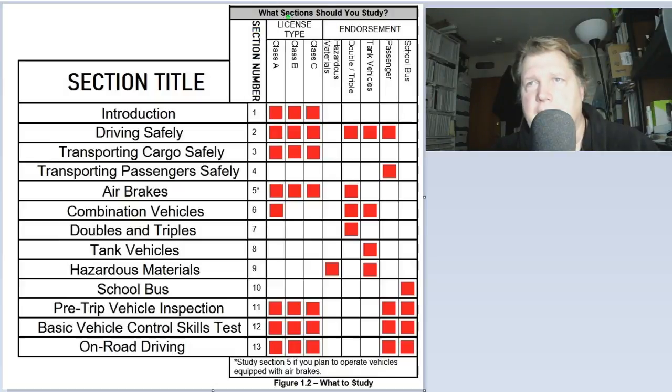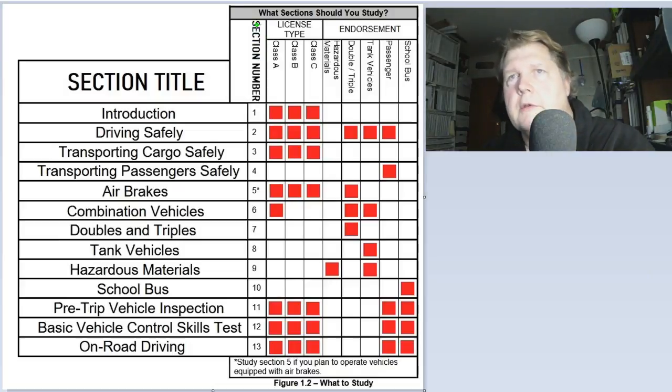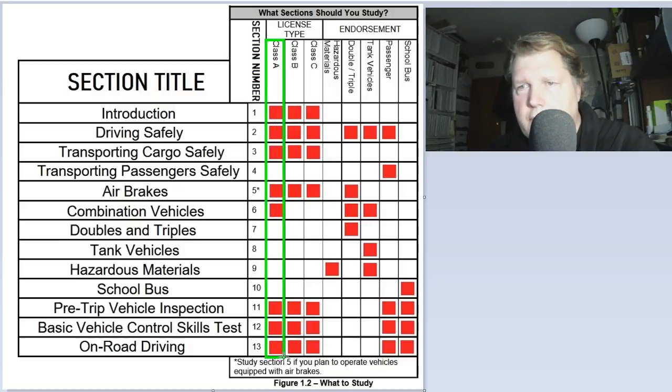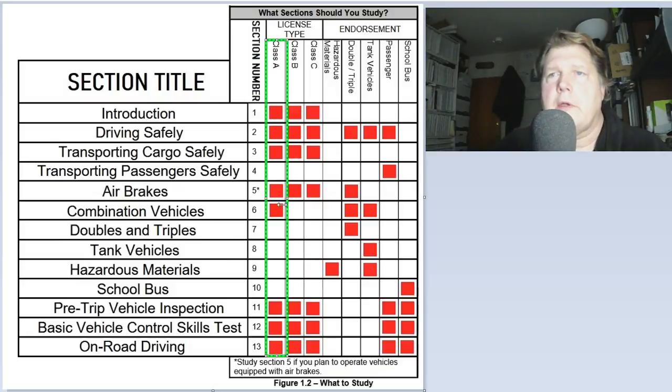Okay, so Class A. Control Z. Well, let's go and get that. Okay. All right, so for your Class A, this is what you need to study just for general knowledge. Actually, not for general knowledge, but for the Class A license.